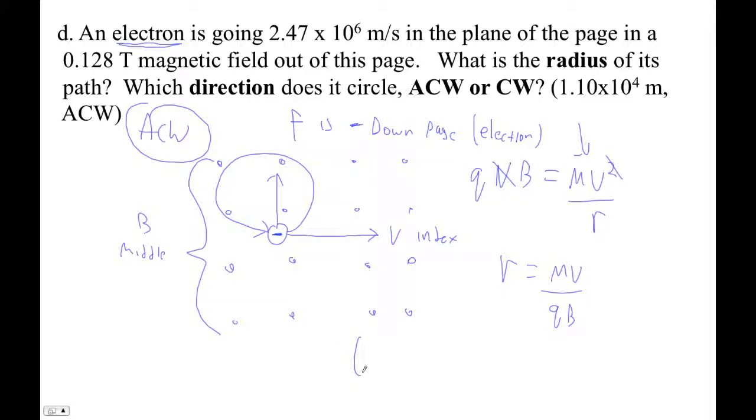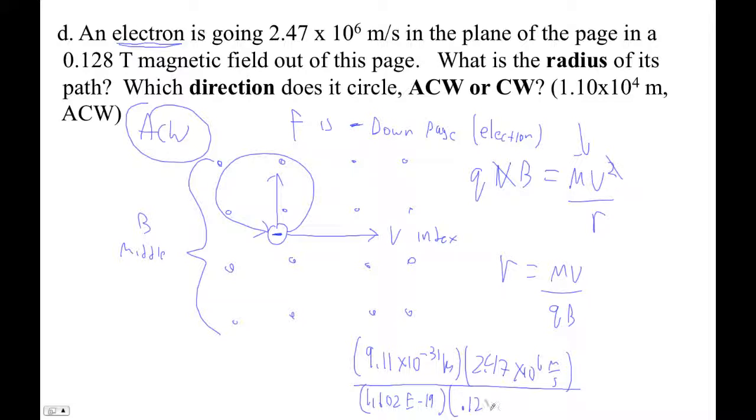Our mass is an electron's mass, so look that up in the data packet. It's 9.11 times 10 to the minus 31st kilograms, and then the velocity is 2.47, and then the charge is 1.602, and the magnetic field is 0.128.